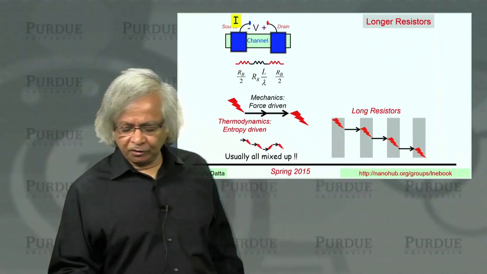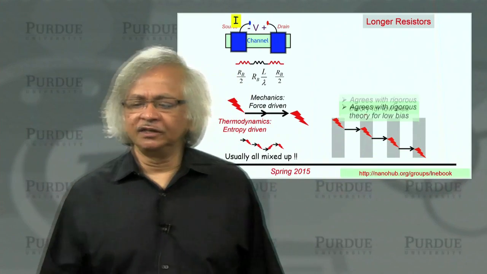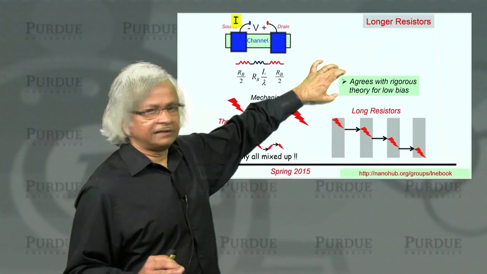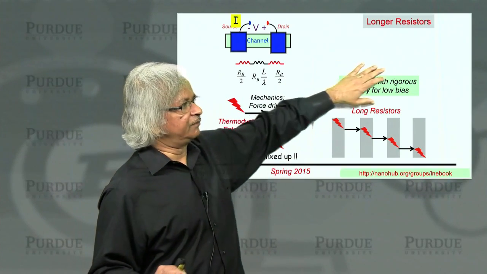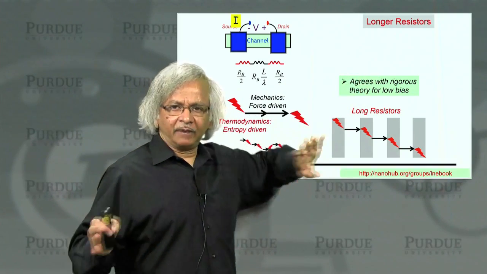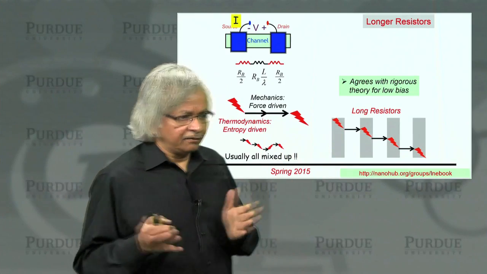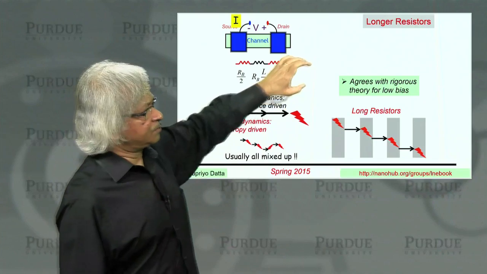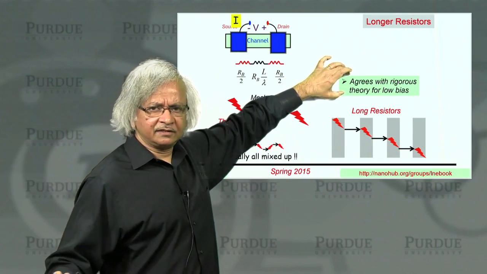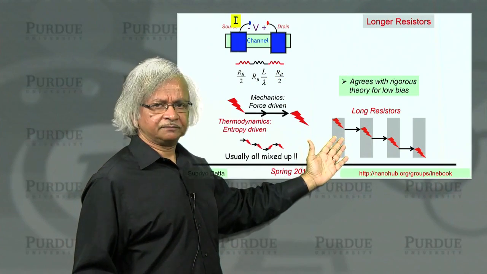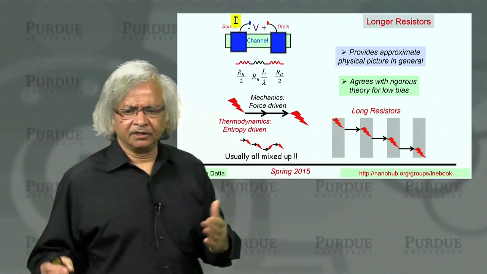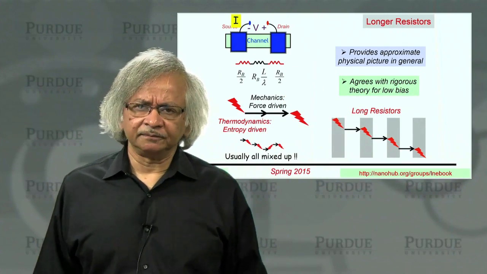And what I'll show you is that this picture actually gives you all the standard results that are normally obtained from rigorous theory for low bias. That is, when the voltage is relatively small, this picture gives you all the standard answers. And when you have high bias, it gives you a general approximate physical picture.